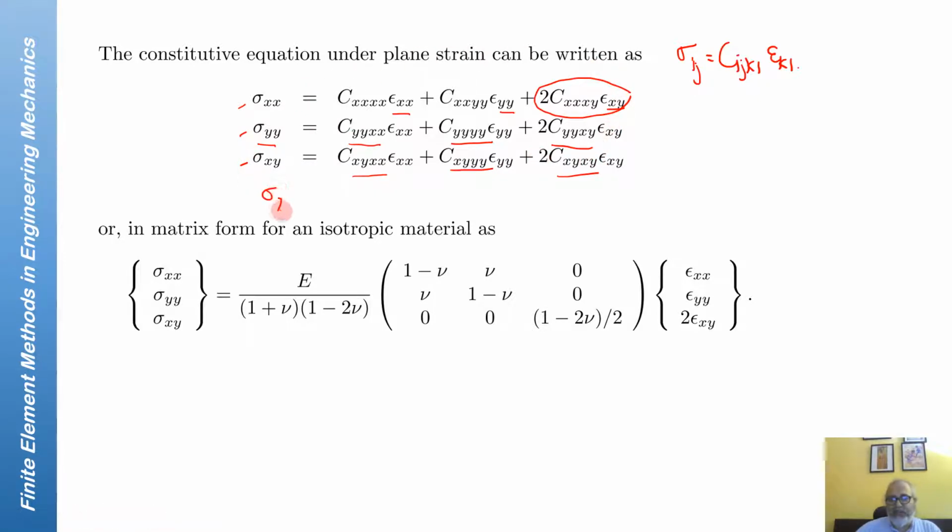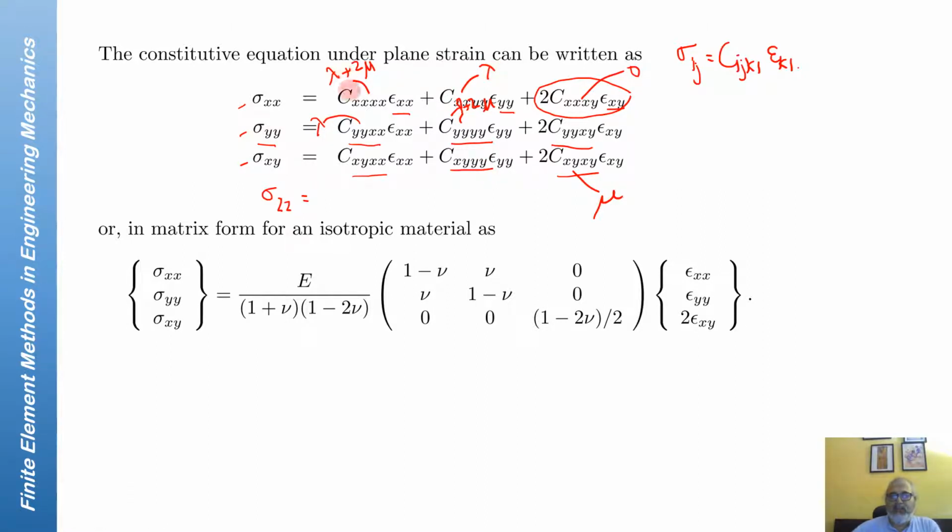Sigma zz will also be there, but you can easily show that sigma zz is actually a combination of sigma xx and sigma yy. Now in the isotropic case, we know this is lambda plus 2 mu, this is lambda plus 2 mu, this one is mu, this one is 0, and this guy is lambda, this guy is lambda.